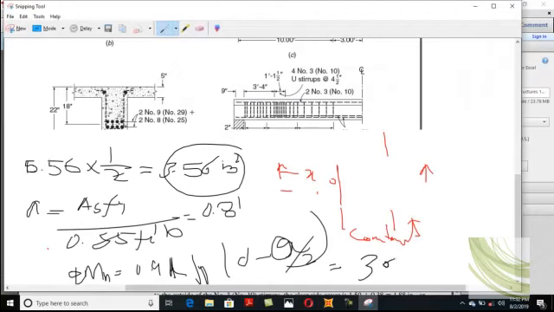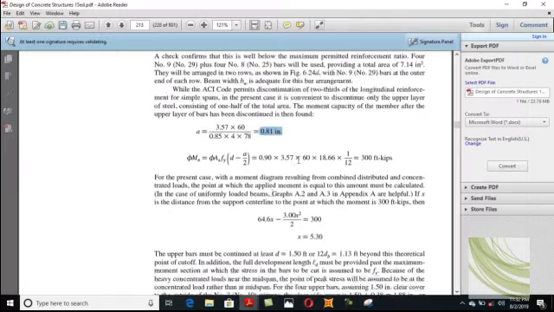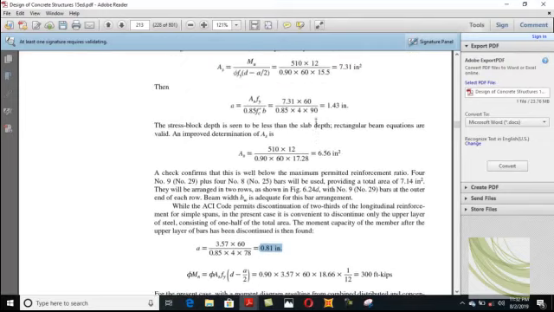Let's see. When you are providing the total sectional area, total As, that is 6.56, your moment capacity will be more than 510 kip-foot. It is not calculated here, but you can calculate your moment capacity from that.